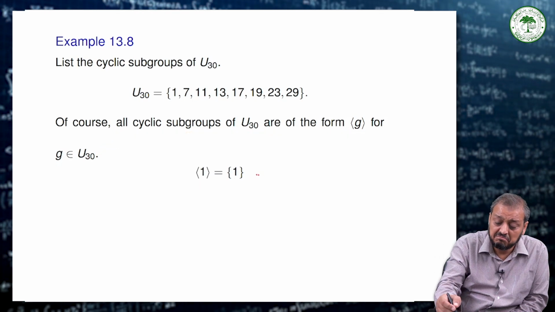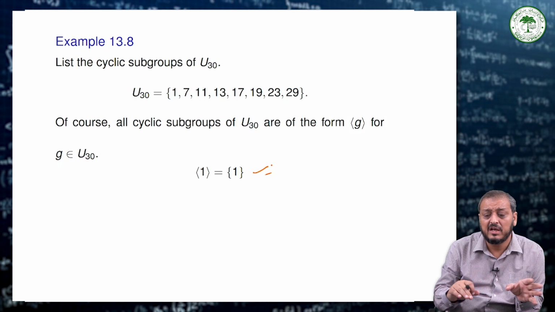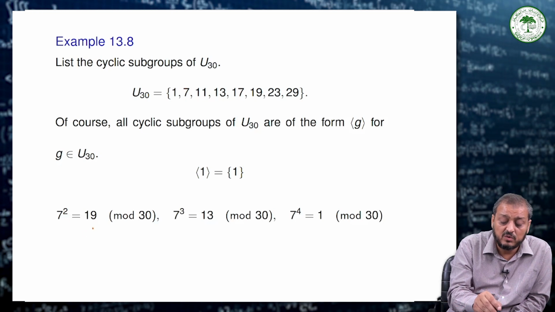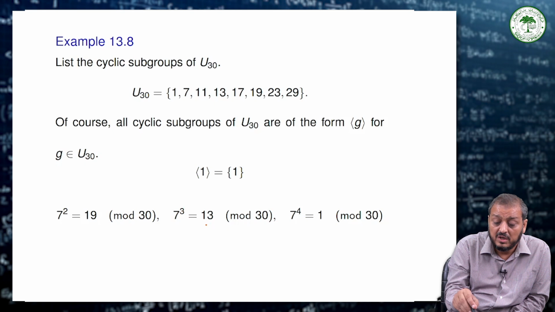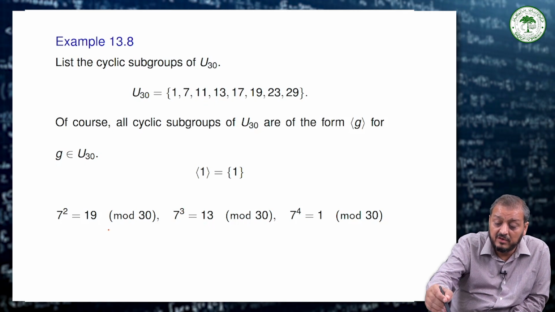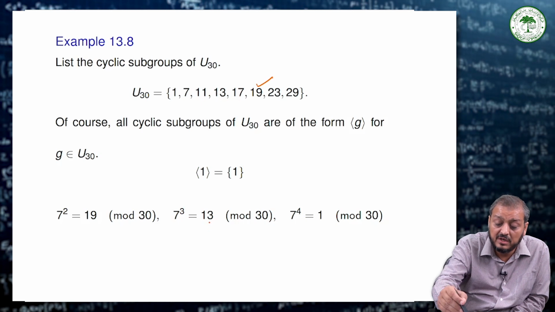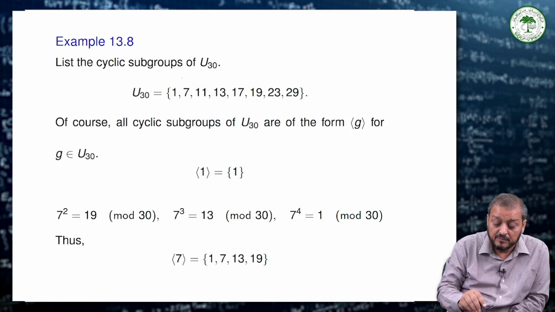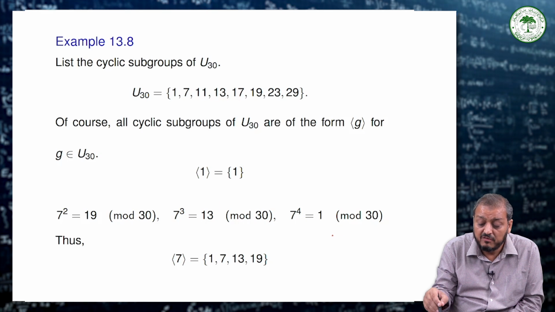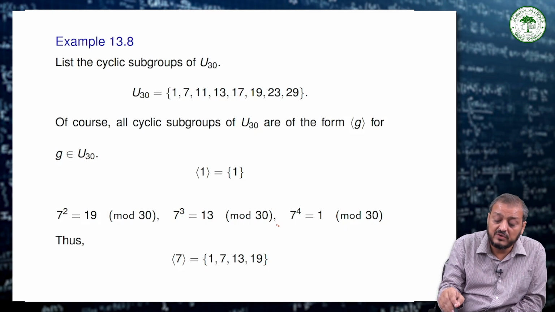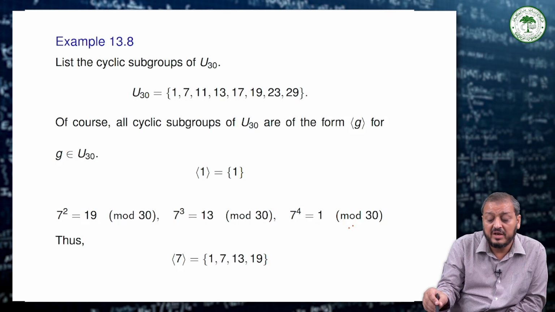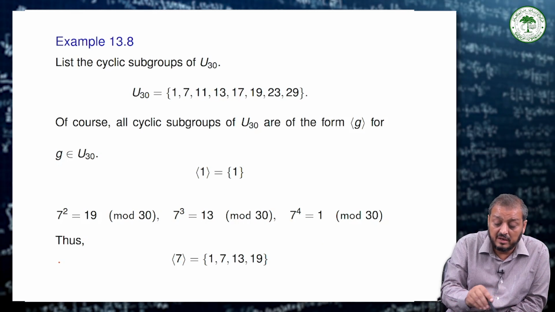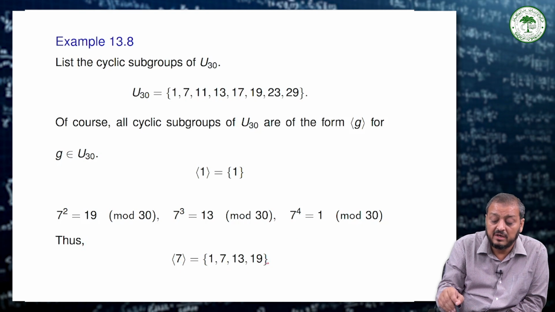Clearly 1 generates only itself. Now suppose we take 7. Then 7 squared is 19 mod 30, 7 cubed is 13, and 7 to the power 4 is 1. Then 7 to the power 5 starts the repetition again. So the subgroup generated by 7 is 1, 7, 13 and 19.